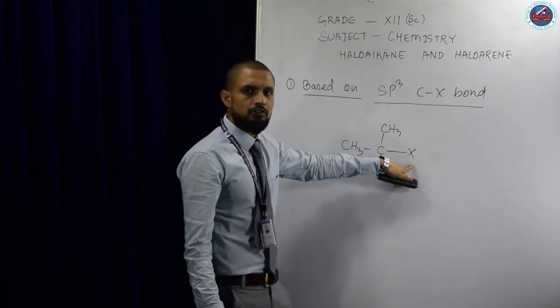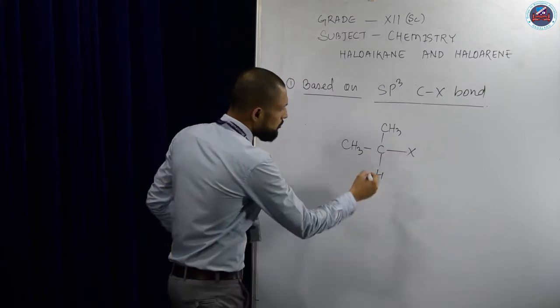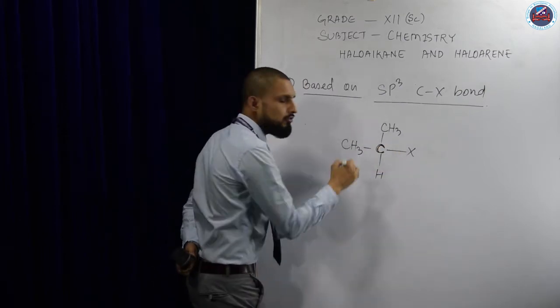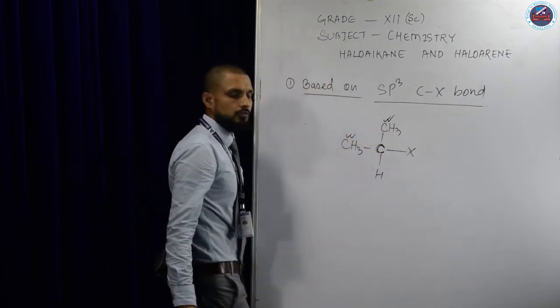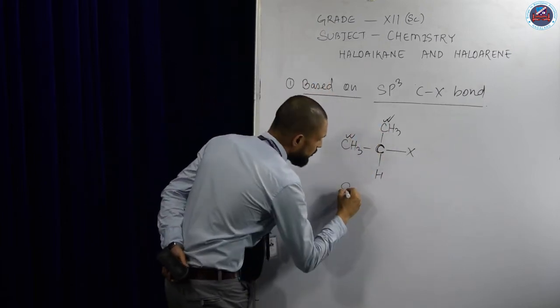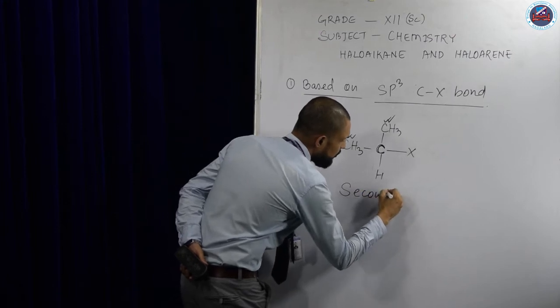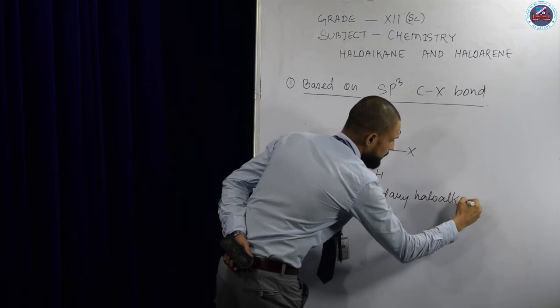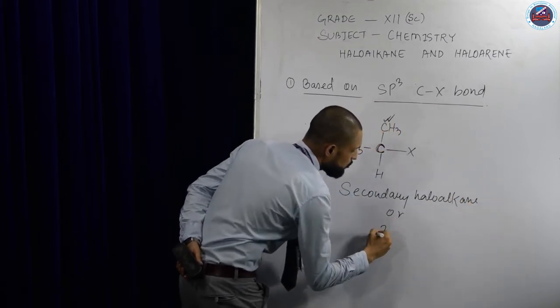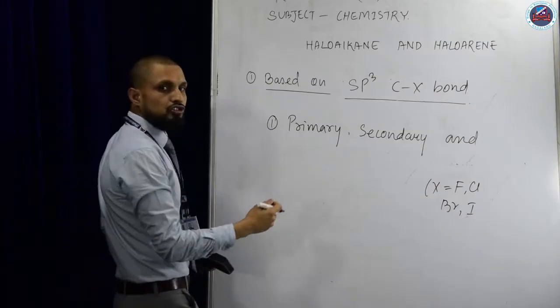If the halogen atom is attached to a carbon, which in turn is attached to two more carbon atoms, this compound is known as secondary haloalkane, or 2-degree haloalkane. Next is tertiary.